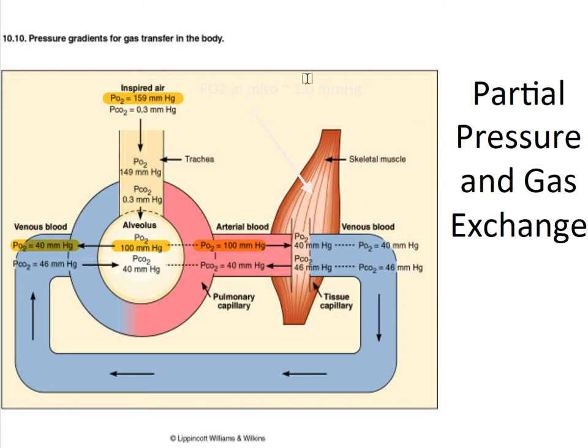It's sort of hard to see in this slide, but it's been estimated that the PO2 way down at the skeletal muscle mitochondria is about 1. So that's 1 millimeter of mercury. And you would expect it to be a pretty low number, as gases want to go from a high to low partial pressure.